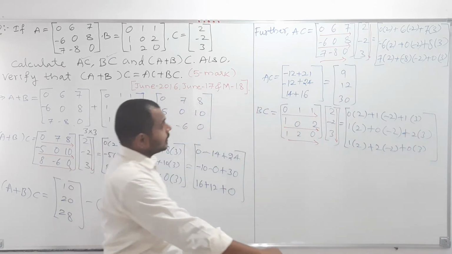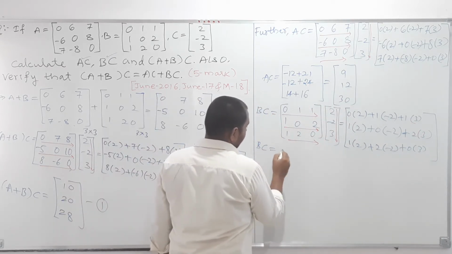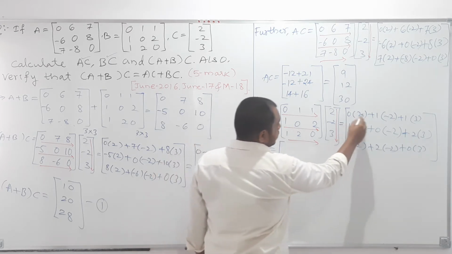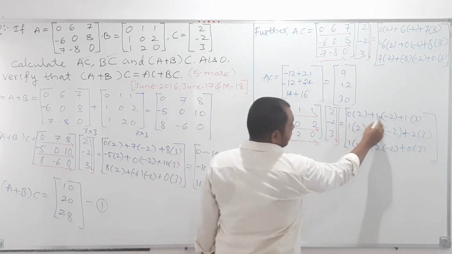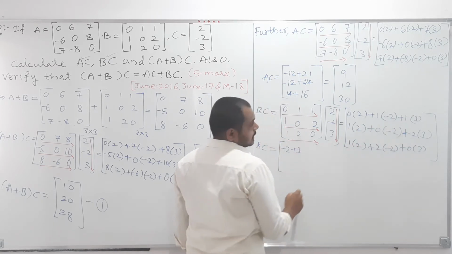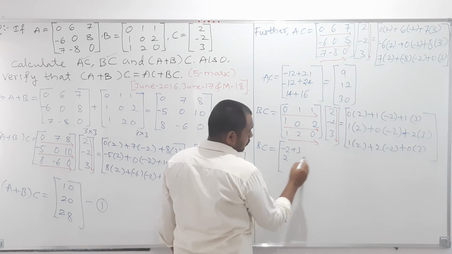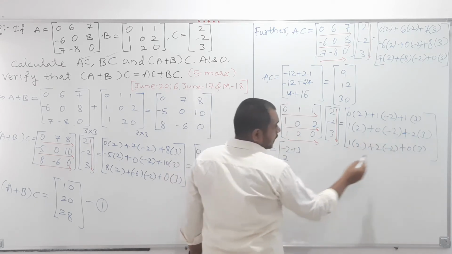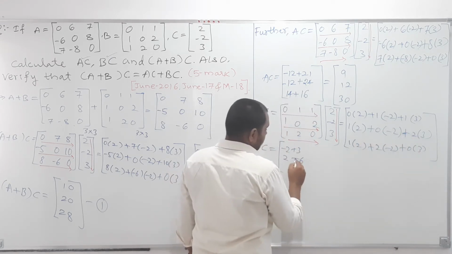Further simplify this. So if you simplify this, you will get BC as 0 into 2 is 0. Leave this one. Plus minus 2 plus 1 into 3 is plus 3. Next, 1 into 2 is 2. 0 into anything is 0. Next, 3 2s are 6.